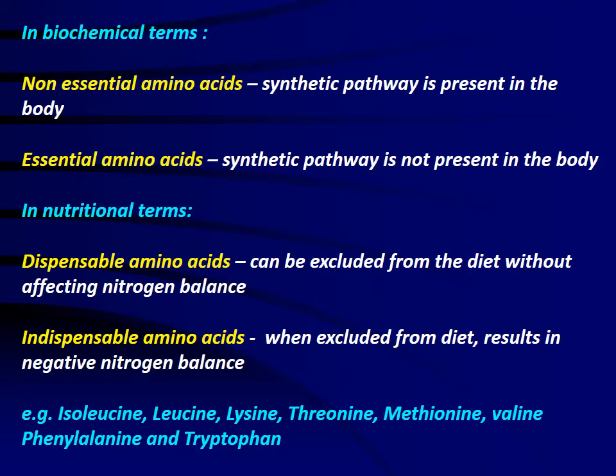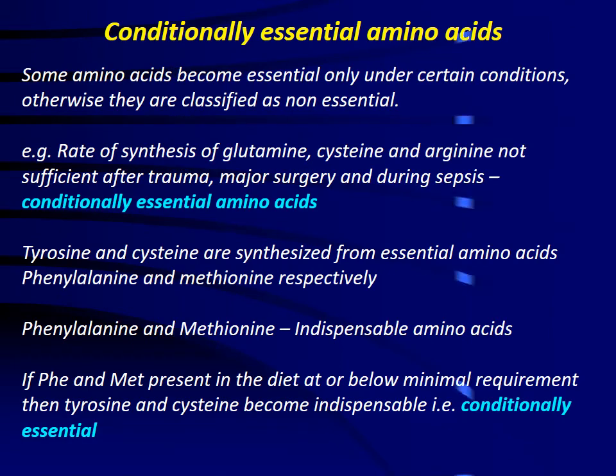Indispensable amino acids, when excluded from the diet, result in negative nitrogen balance. Example: isoleucine, leucine, lysine, threonine, methionine, valine, phenylalanine, and tryptophan.